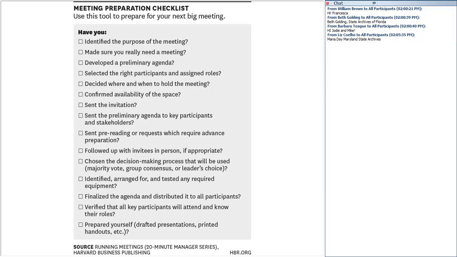We'd say that the preparation checklist for the follow-up to the meeting should be just as thorough. Has someone taken notes throughout the meeting so that we have a record of what happened?